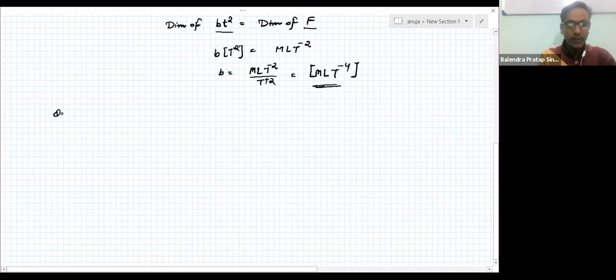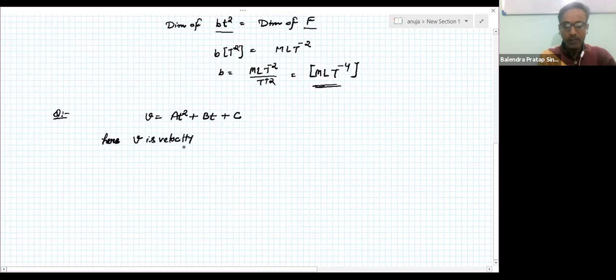The question is: we have the equation V is equal to AT square plus BT plus C, where V is velocity and T is time.